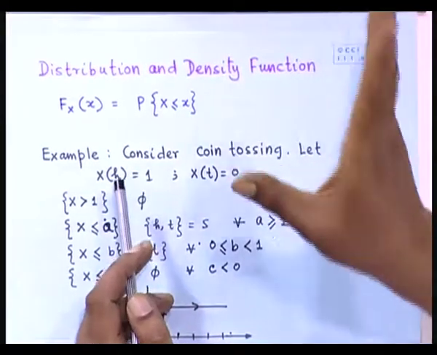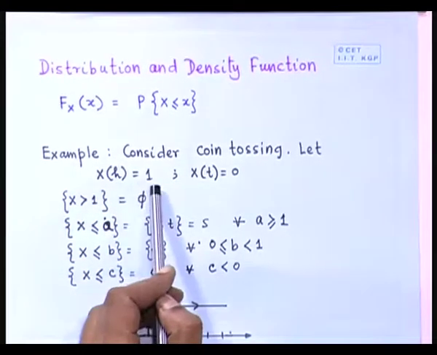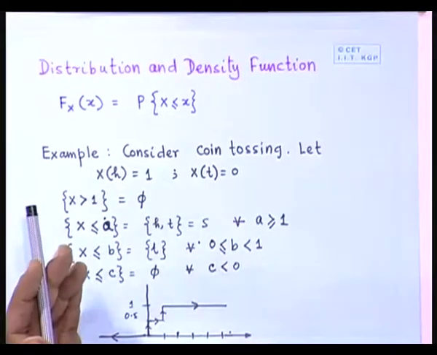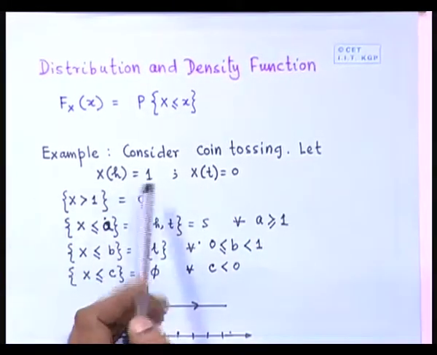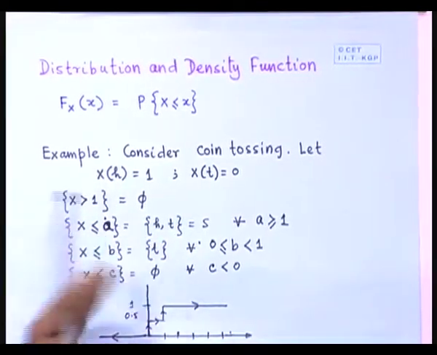First of all, we have to define the random variable, that is, define the mapping of these outcomes to the real line. So suppose I have defined this mapping that X of head is 1 and X of tail is 0. This is my mapping. It will satisfy all properties of a random variable.